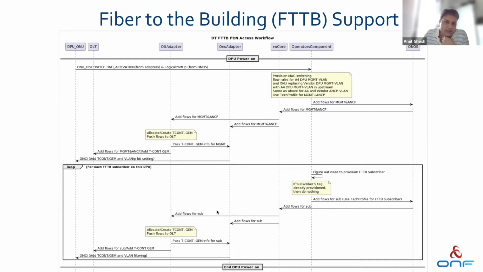The remaining part is straightforward: communication from ONOS to the RW core, to the VOLTHA OLT adapter and the ONU adapter, which then provision the flow rules accordingly. Updates have been done on both the OLT and ONU adapters to be able to push these flow rules.